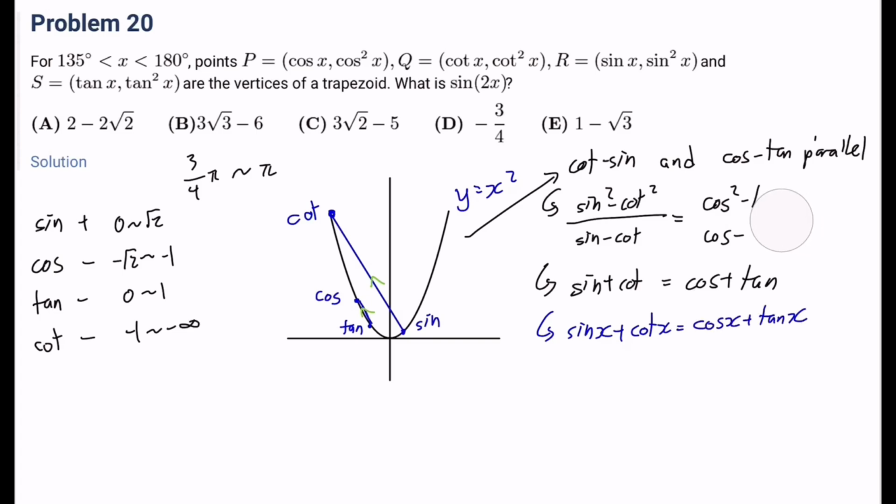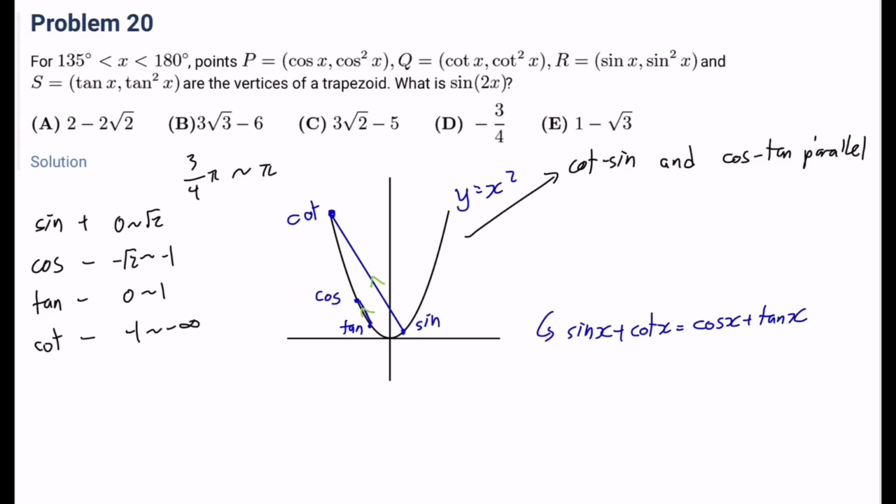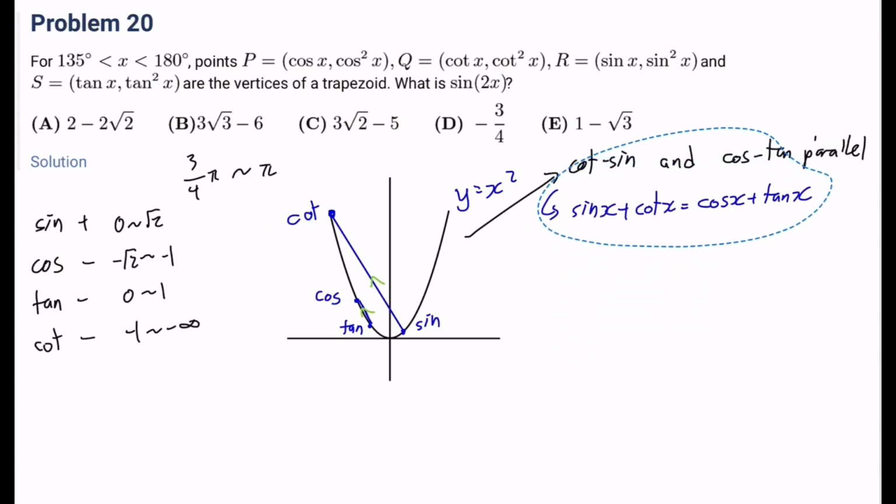So now if we get rid of this much, then we are going to have this left over. So now let's move that over there, move that over there. This gives us sine x minus cosine x equals tangent x minus cotangent x.